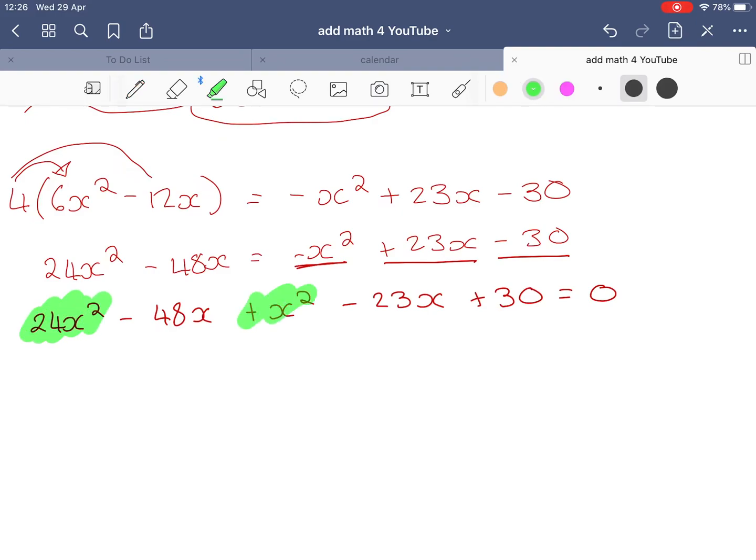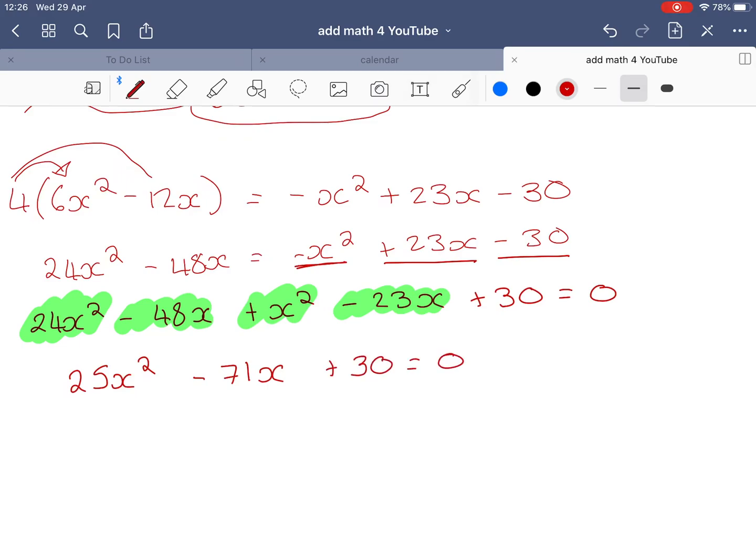Simplify, so I've got 24x squared plus another x squared, so that's 25x squared. Then I want to do minus 48x minus another 23x, so that gives me minus 71x and plus 30 equals 0.